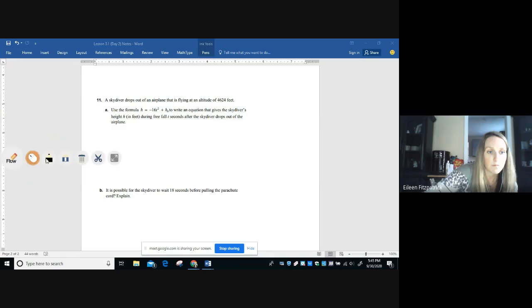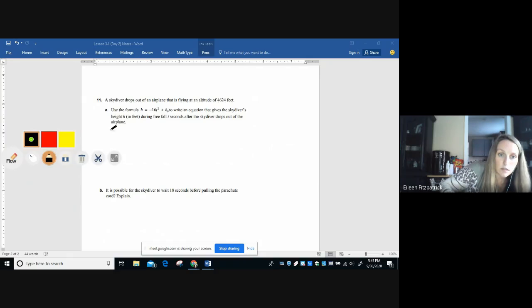So h sub 0 stands for the initial height. Oh, this is not any better. I can't write very well with this pen or with my cursor. H sub 0 stands for the initial height.